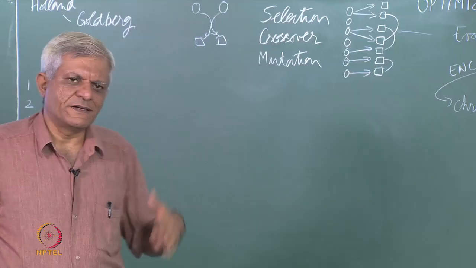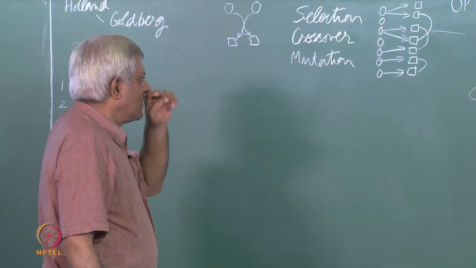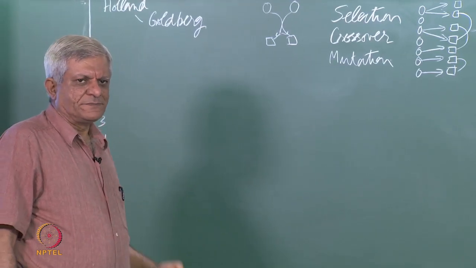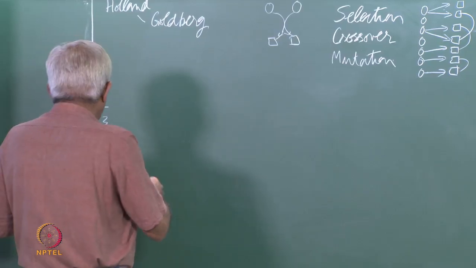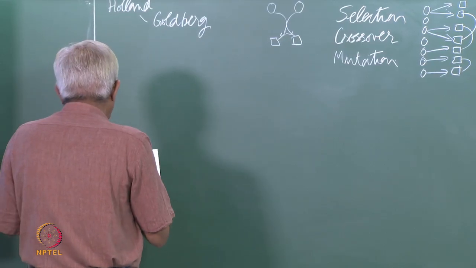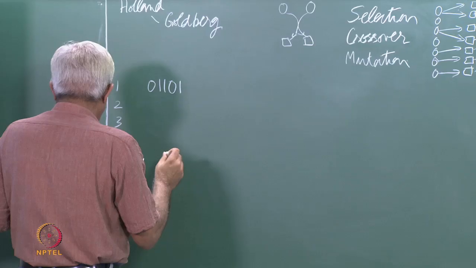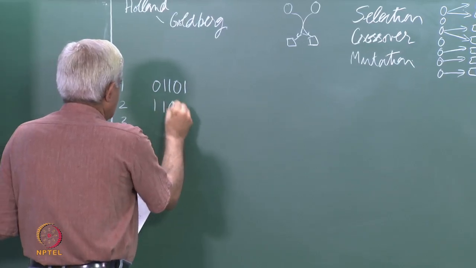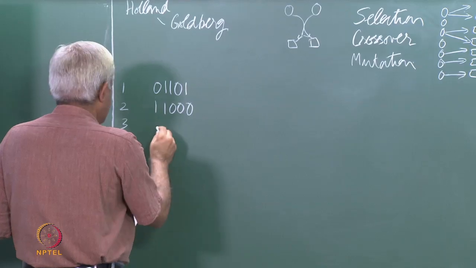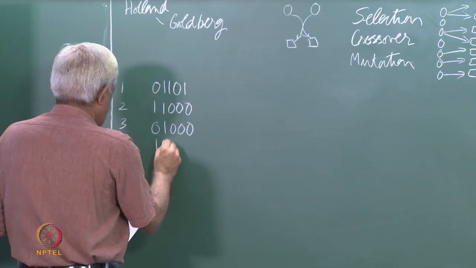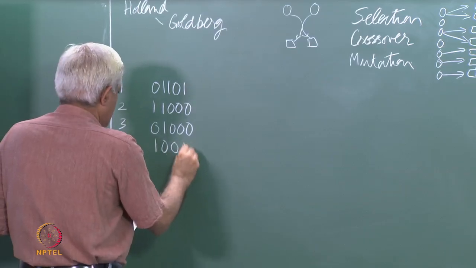And then the genetic algorithm comes into play. Now, in this very simple world, I have a 5-bit vector, and so the four elements that I have in this example are these.